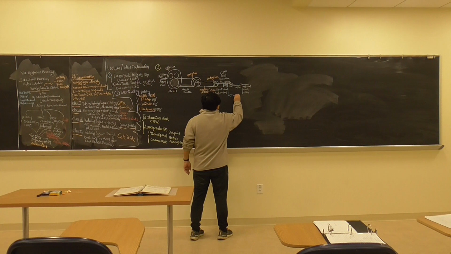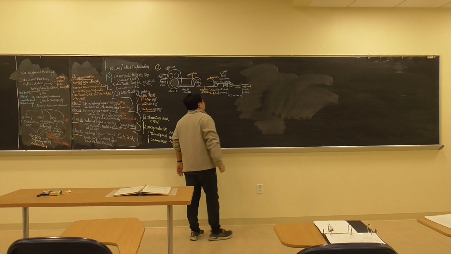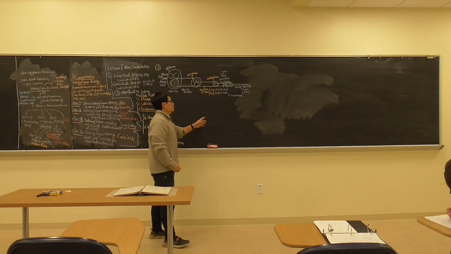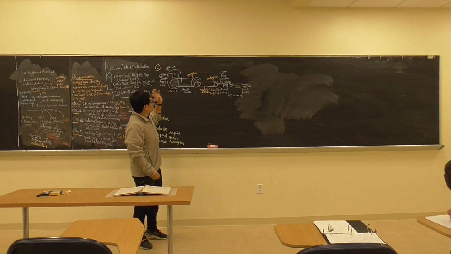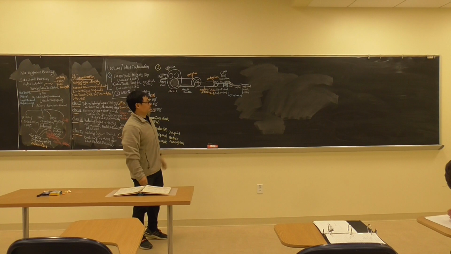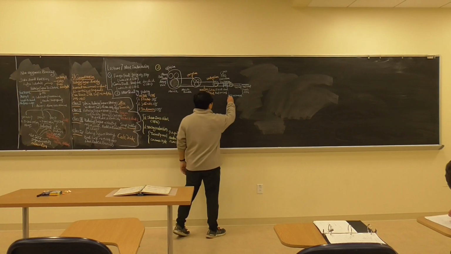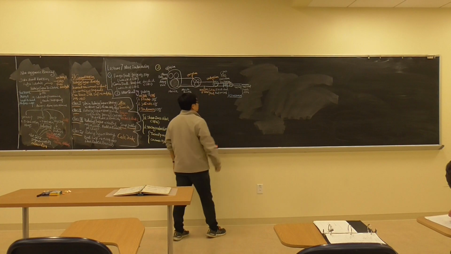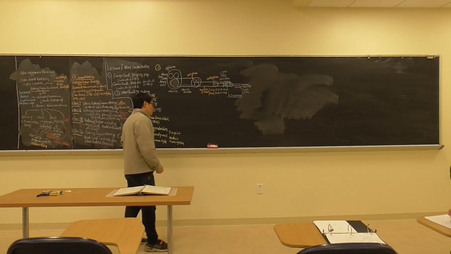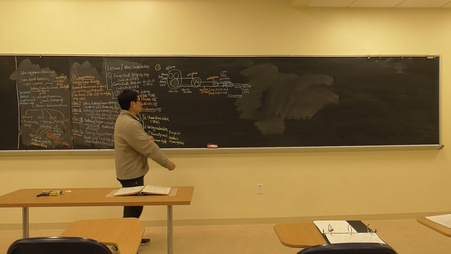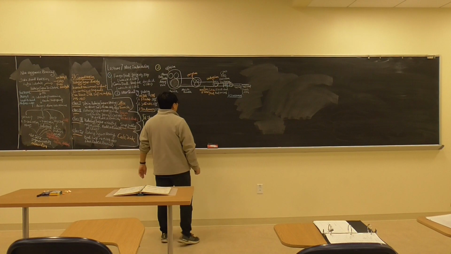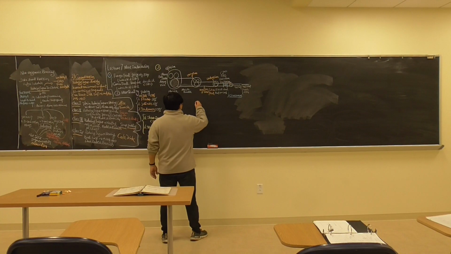Sarcomere. They think it is a single unit of muscle structure. So we need to talk about what the sarcomere looks like. Therefore, we need to go through a little bit more detail. So the sarcomere, what does it look like?